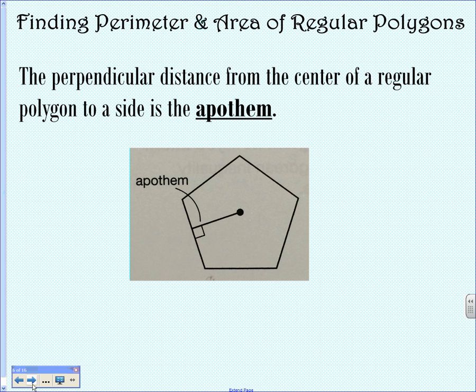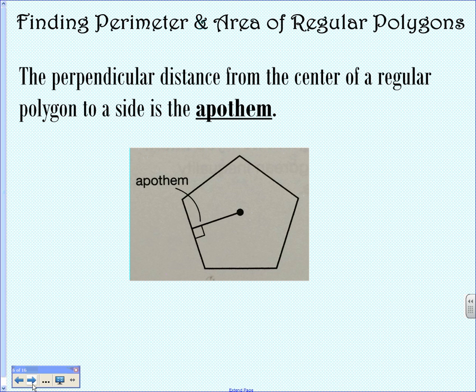Alright, so let's practice saying this word. Apothem. Come on. Apothem. Apothem. Everyone has to say it. Come on, guys. Apothem. Say it. Okay, so it goes from the center to the side.